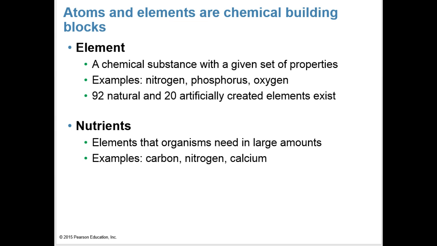Scientists usually agree that there are about 92 naturally occurring elements, and we've even been able to create elements in the lab, though some of them don't exist very long. So we say there are about 20 artificially created elements. Some examples are nitrogen and phosphorus, oxygen, carbon, and sulfur. Nutrients are elements that organisms need in large amounts, like carbon, nitrogen, and calcium.